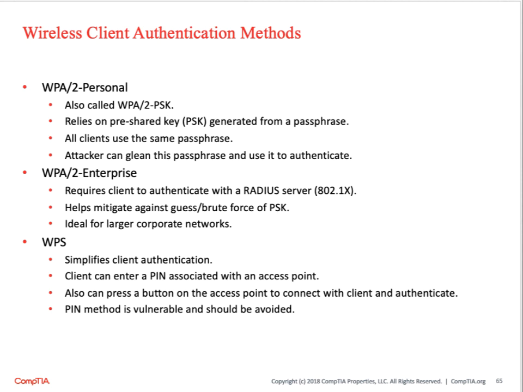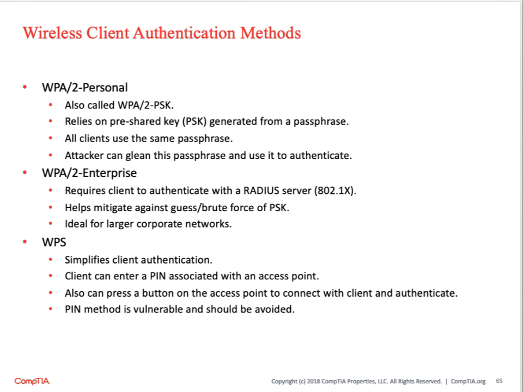This is a generated passphrase, something we could have made up. Basically, it's the password that you have at home, right? Anybody that puts in your Wi-Fi password, it works for them. Or it could be the number on the back of your router. However, because it's the same for everybody, the attacker can glean the password and use it to authenticate.